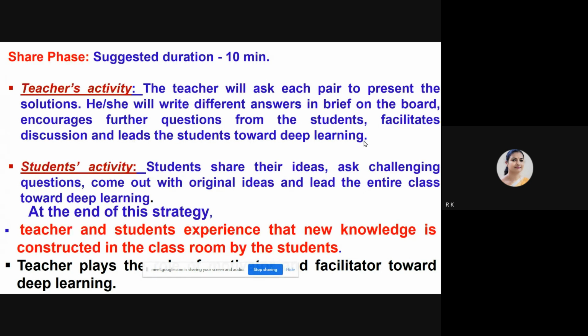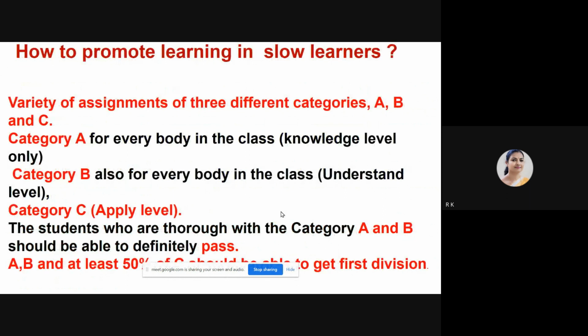The students will share their ideas, ask challenging questions and come out with original ideas, and lead the entire class towards deep learning. At the end of this strategy, the teacher and students will experience that new knowledge is constructed in the classroom by the students.